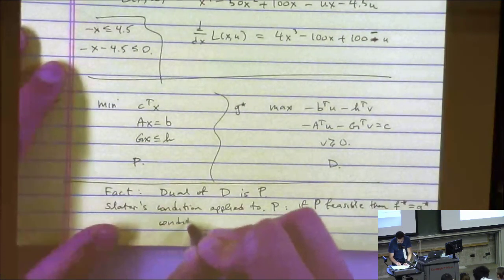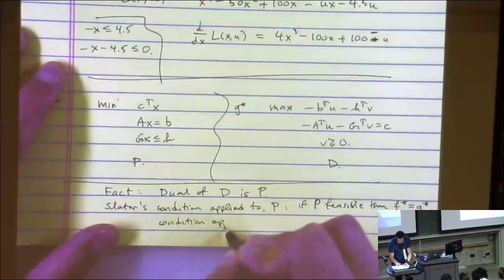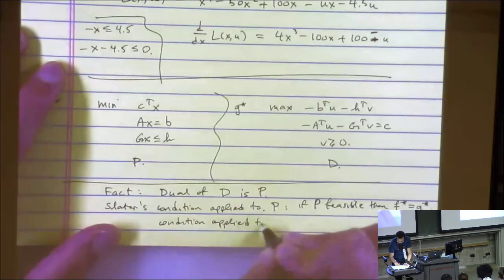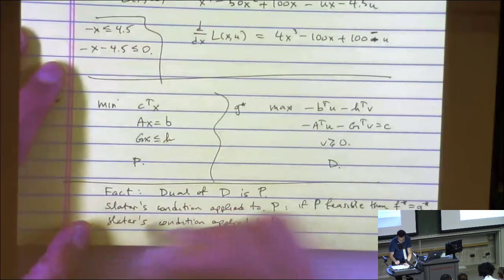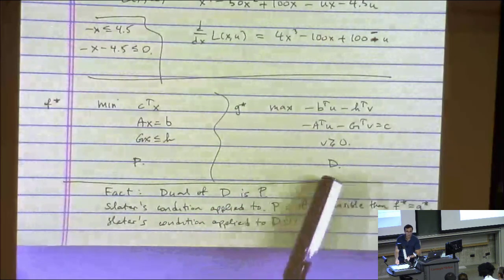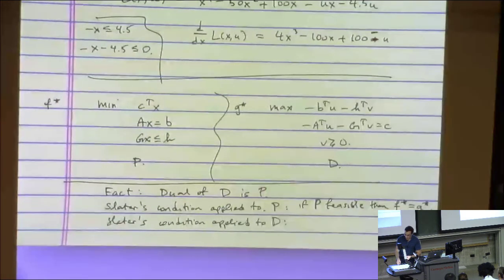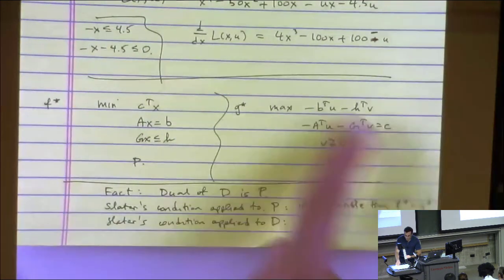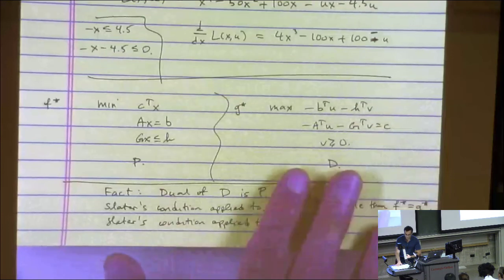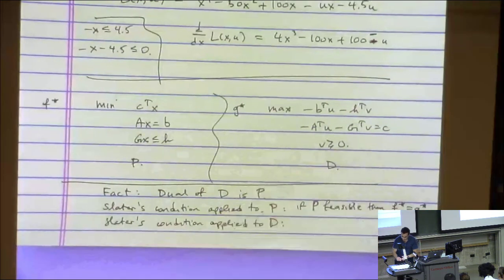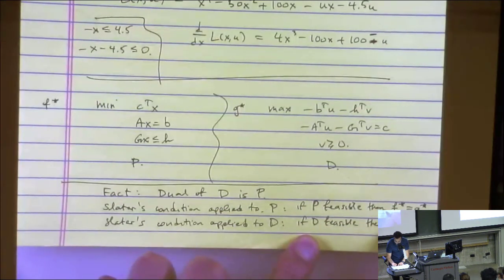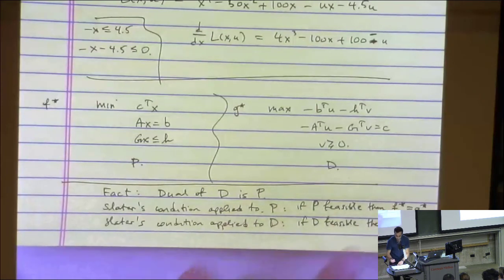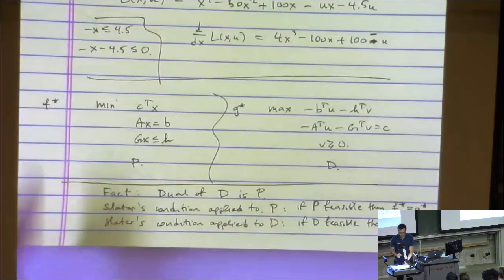Let's apply Slater's condition to the dual now. The dual is also an LP. If this is feasible, it's the same statement. If this is feasible, then we get strong duality, which means that G star is equal to the optimal value of its dual, which is F star.